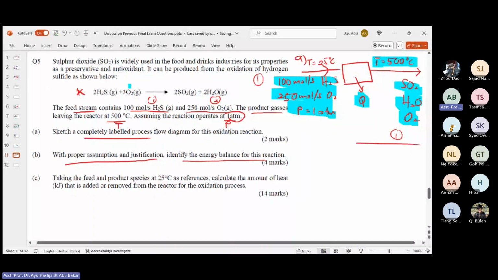Okay, so for B, now what is your assumption? We know that the energy balance is this. This is the standard one.